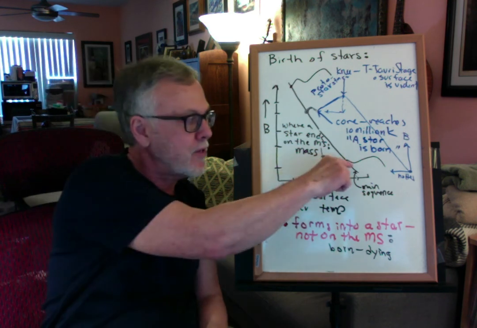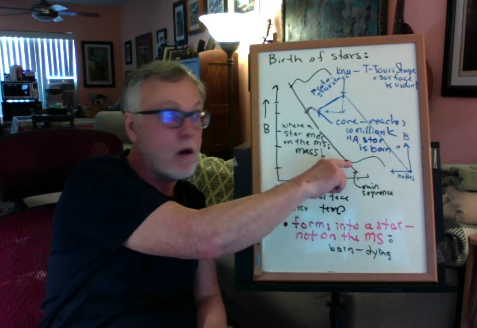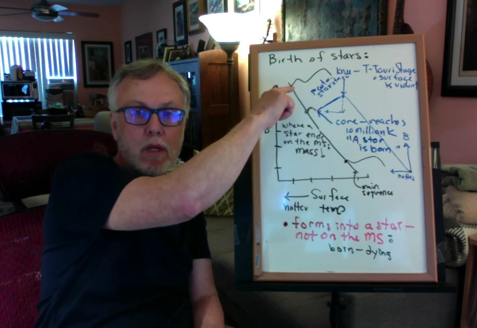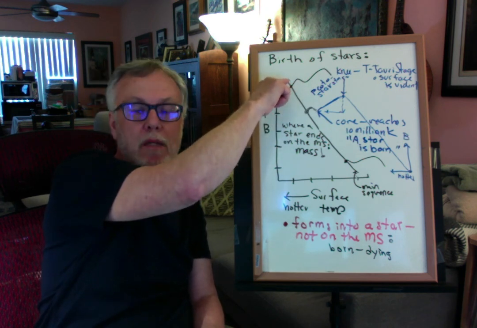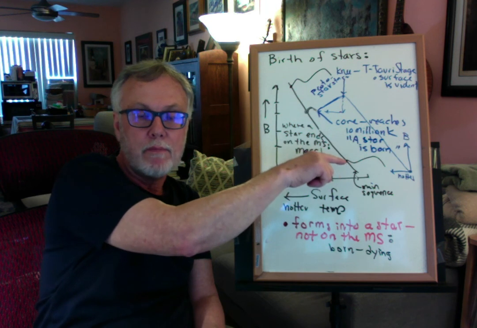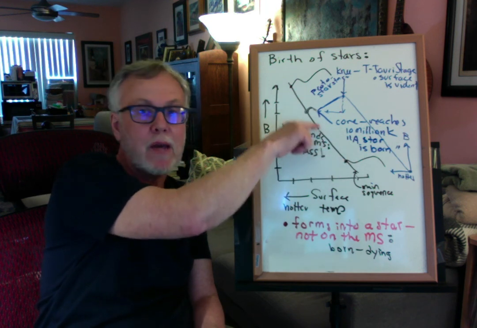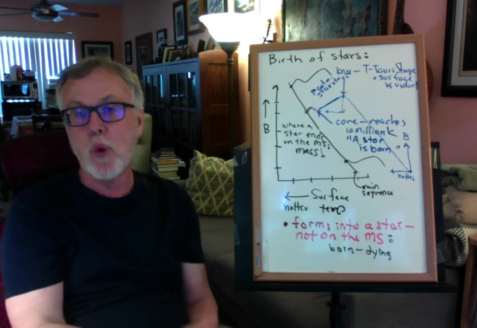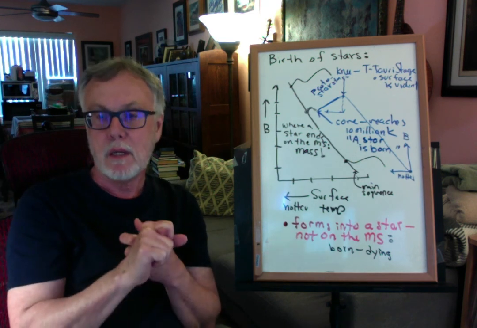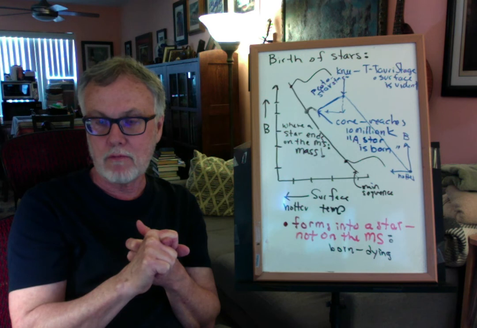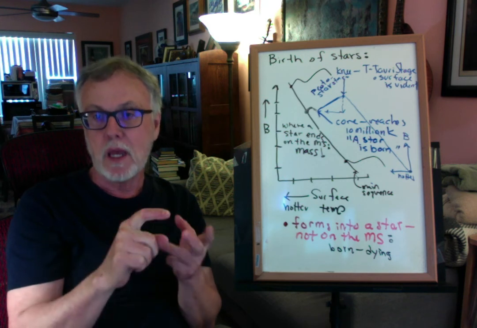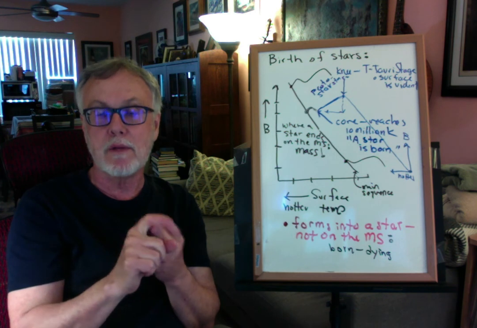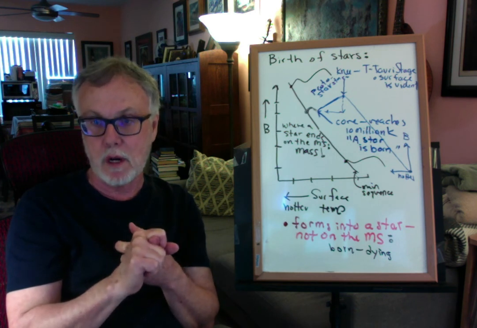How can a small star, very low mass star, become a big mass star by itself? Can't do it. How can a big star by itself become a small star? Same thing true with the intermediate. How can it become big or small by itself? It can't. So where a star ends up on the main sequence is regarding its mass, and where it goes to the main sequence is where it stays the whole length of time as a main sequence star.